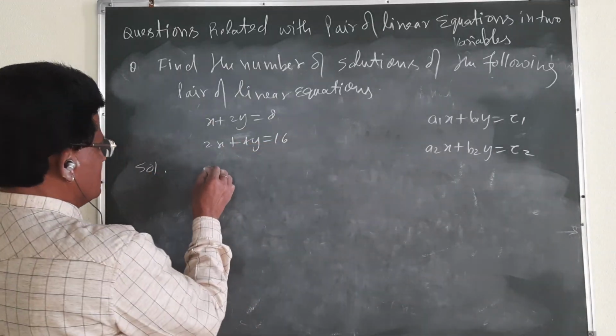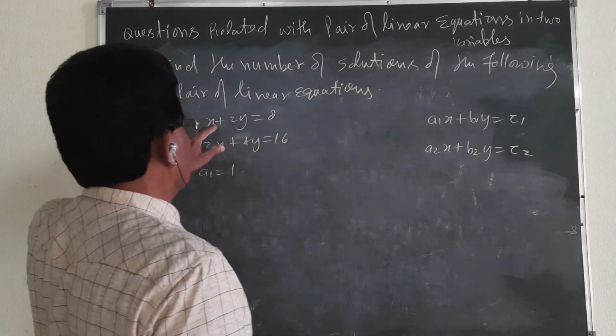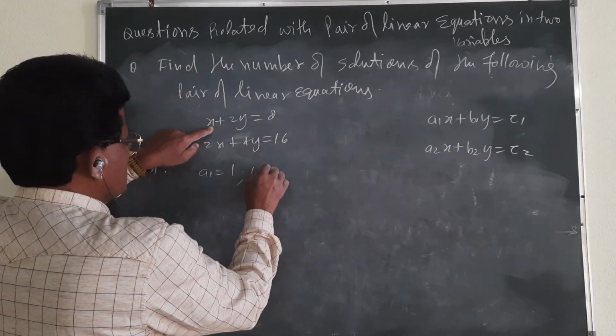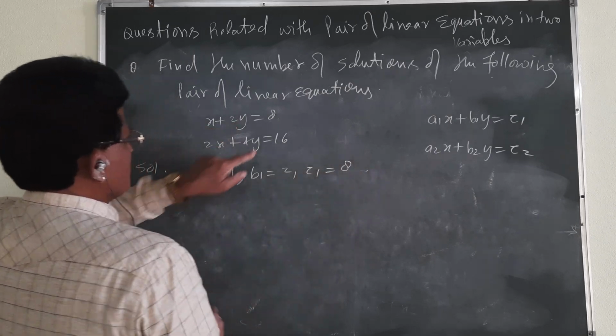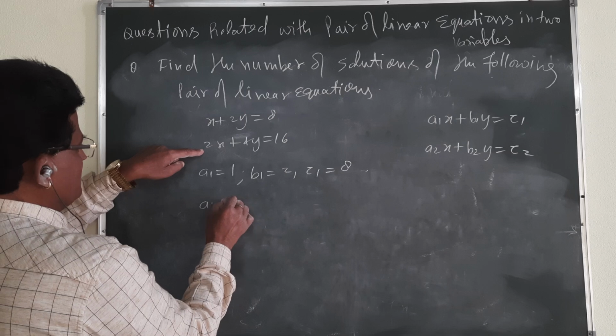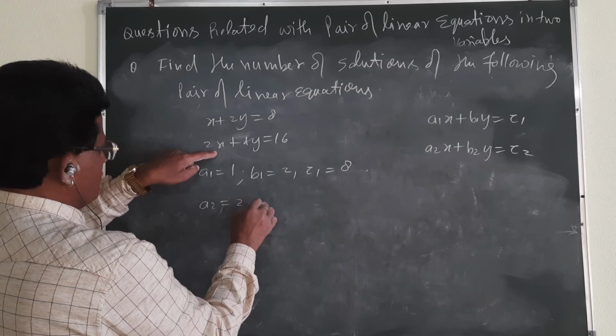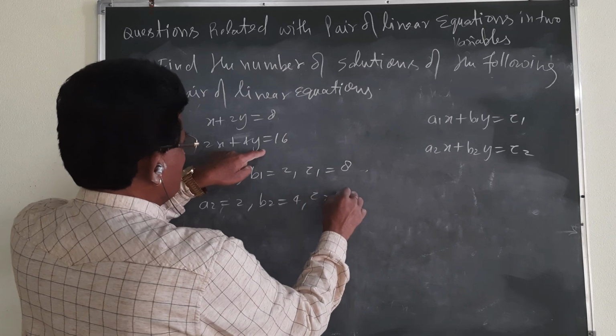Compare. a1 will be 1, the coefficient of x here, and b1, the coefficient of y, that is 2, and c1, the constant value, that will be 8. See, a2 will be 2, b2 will be 4, and c2 will be 16.